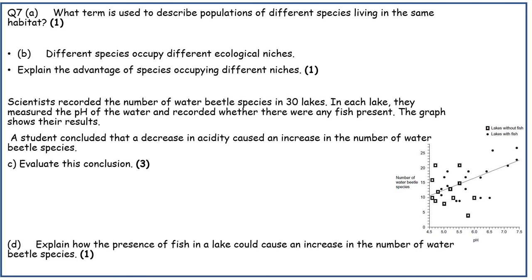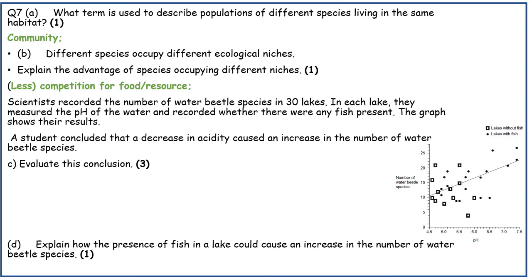What term is used to describe populations of different species living in the same habitat? That is a community. Different species occupy different ecological niches. Explain the advantage of species occupying different niches. There is less competition for food or resources.